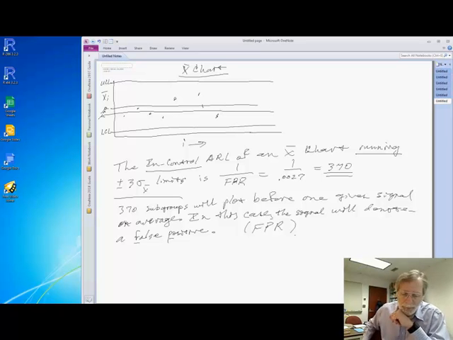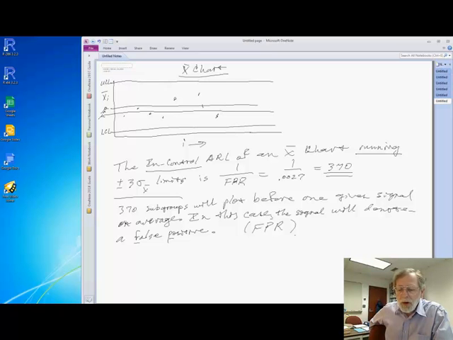So the answer is just 1 over the false positive rate, and you'll get a number, which is how many subgroups will plot before you get one that erroneously tells you that you've gotten a mean shift. In fact, you have not. The process has not shifted its mean. The chart has just told you a lie. It's cried wolf.